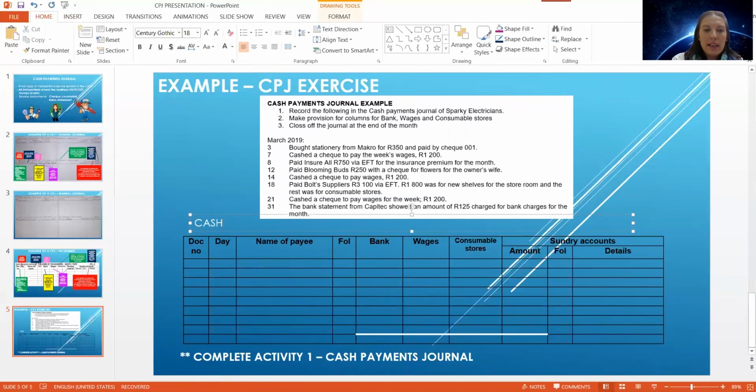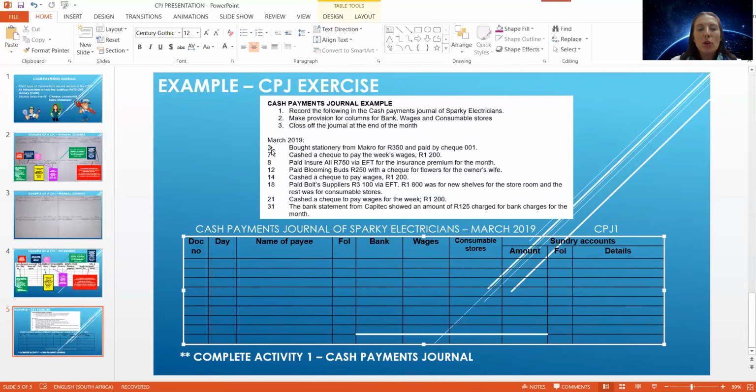So this is the cash payments journal of Sparky Electricians. What is the month? March, and the year 2019. And then we just go to the end and we label our CPJ. We number it CPJ1. So that will be the heading for this journal.